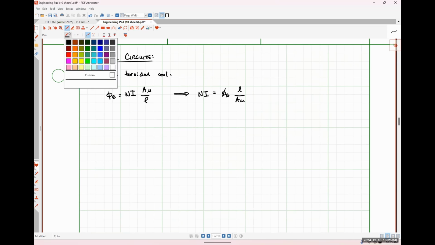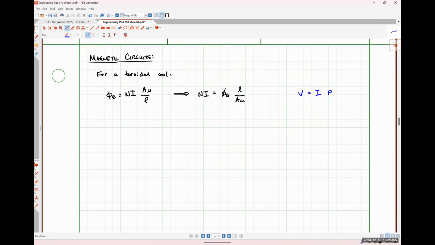So this is of the same form as V is equal to I times R, where our MMF is playing the role of V, our flux is playing the role of current, and this thing right here, which we're going to call reluctance, is playing the role of resistance, okay?